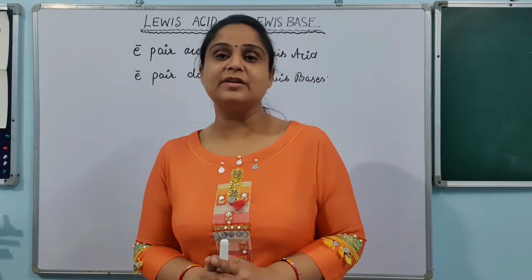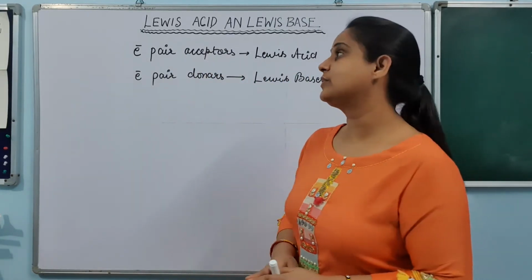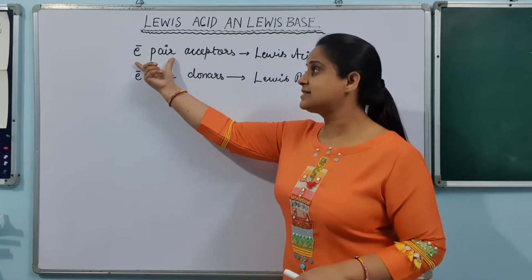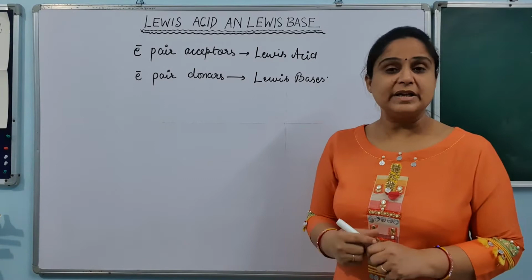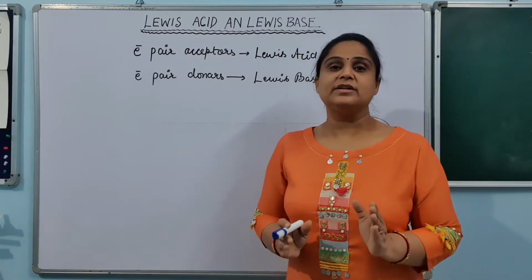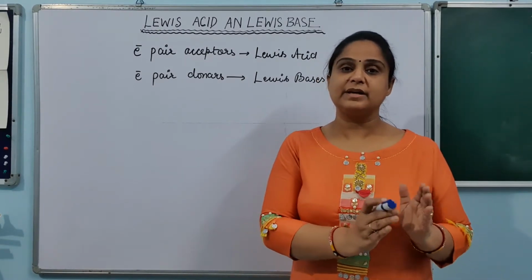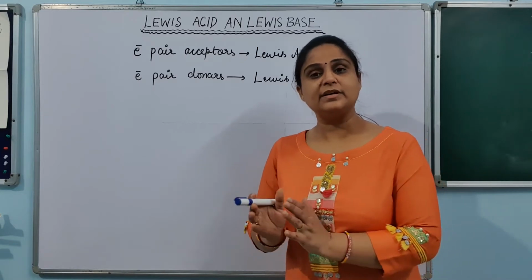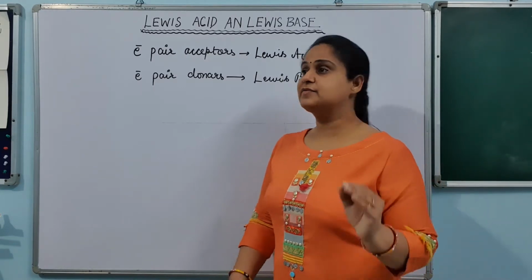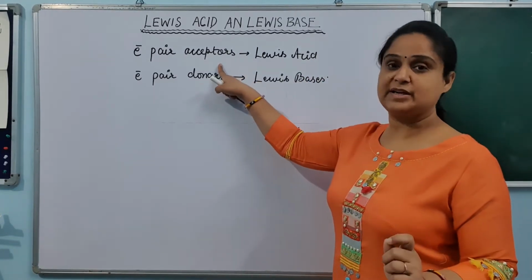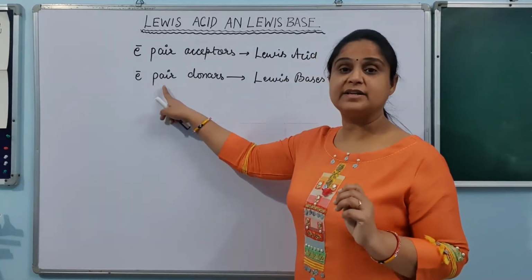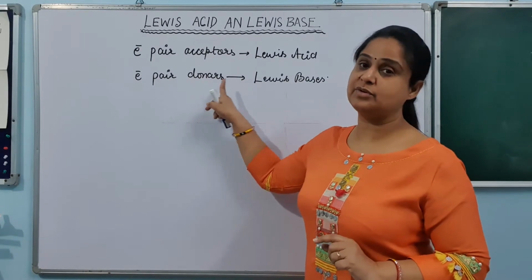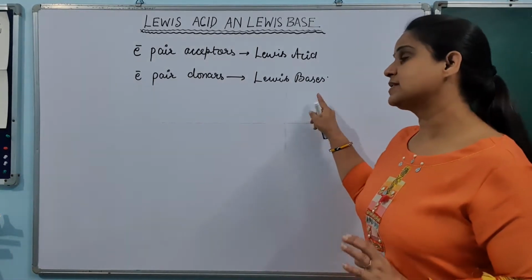In Lewis acids and bases, we have to understand only one concept, that is acceptance of an electron pair and donation of an electron pair. The main thing here is we will talk in terms of electron pair acceptors and electron pair donors. The species which have a tendency to accept electron pairs are called Lewis acids, and the species which have a tendency to donate electron pairs are called Lewis bases.